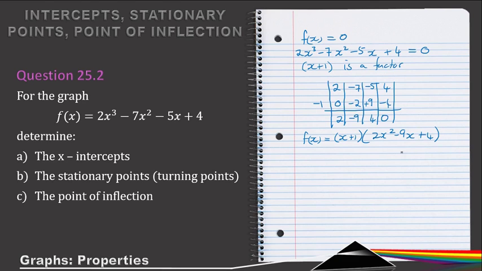Alright, so now I need to factorize this. Let's just draw our factors over here somewhere. So I have 1 times 2, and on this side we have 1 times 4 and 2 times 2. And then we can swap around this side, so 2 and 1, because we need to get minus 9. Now to get negative 9, if I say 2 times 1, I get 2, and 1 times 4 is 4. So 2 and 4 can give me 9.